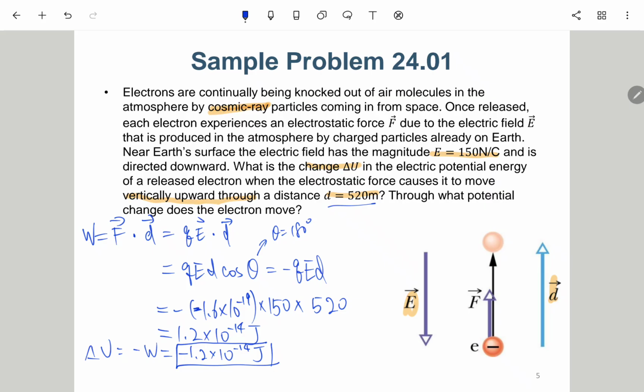And finally, it also asks you what is the potential change. So for the potential change, we have delta V equals delta U over q.